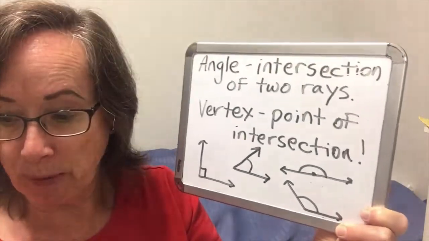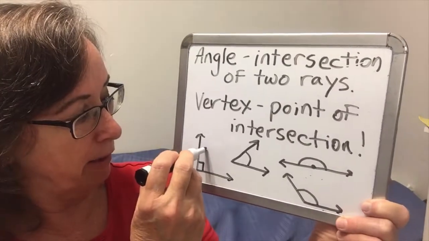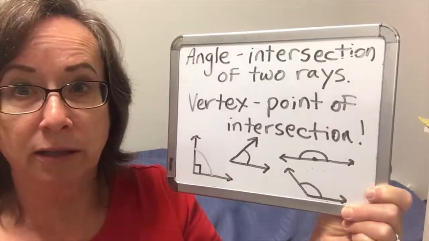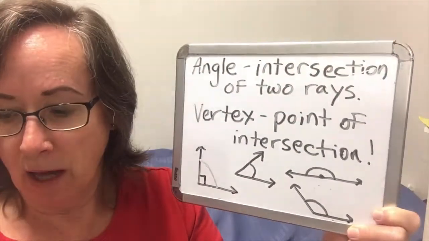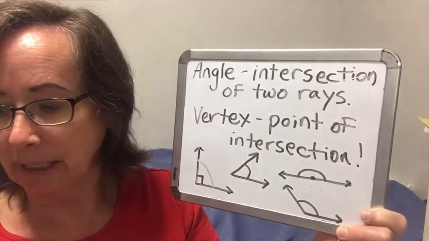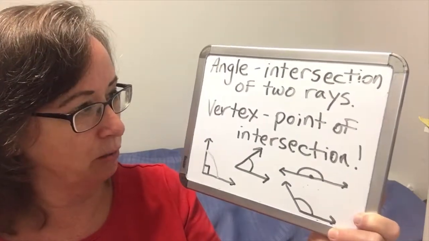And this part in between the two rays is called the angle. So we're designating the measure of that when we talk about how big an angle is. We're talking about how big is that opening in between those two rays.